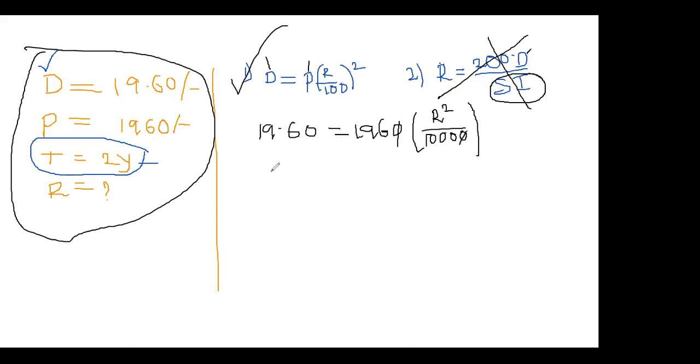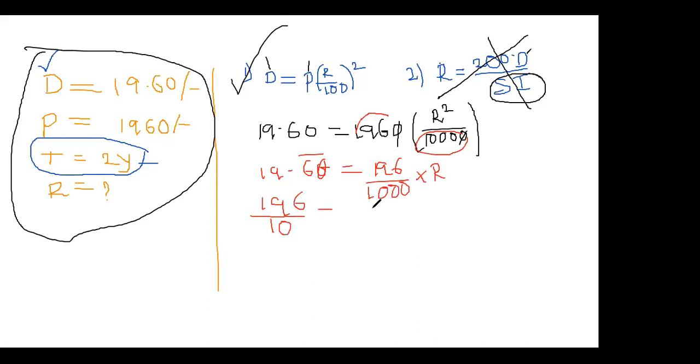I can write 19.60 is equal to 196 by 1000 into R square. After the point there is only one digit, so to avoid the point I can write 196 by 10 is equal to 196 by 1000 into R square. Yes, then see the cancellation.